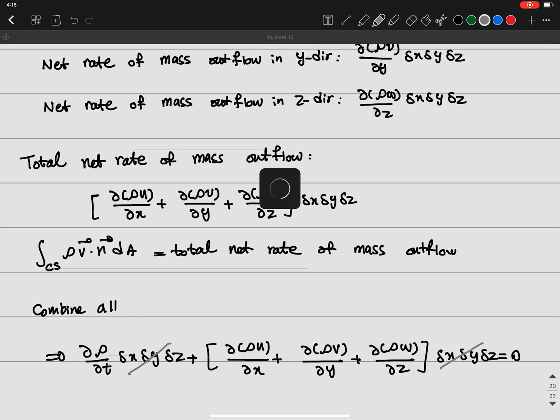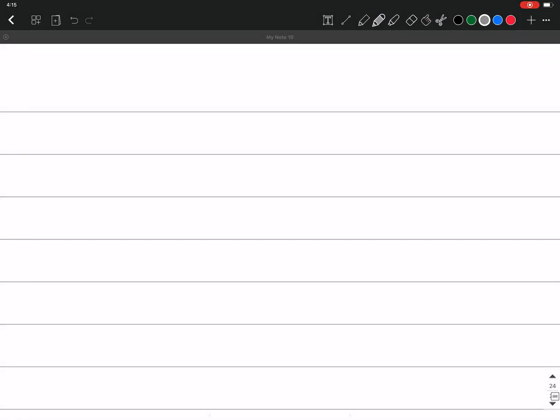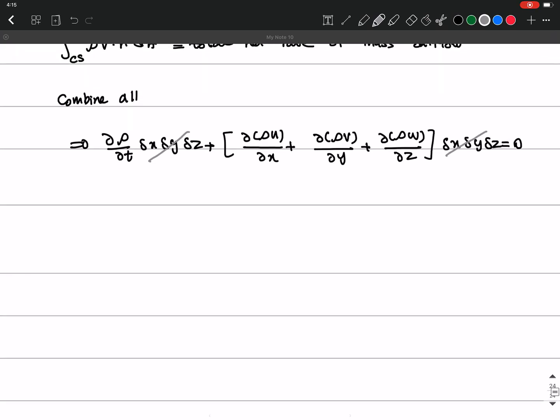Okay, so I'm gonna write that, and then I'm gonna show you some further simplifications, or another form of that in operator symbols.